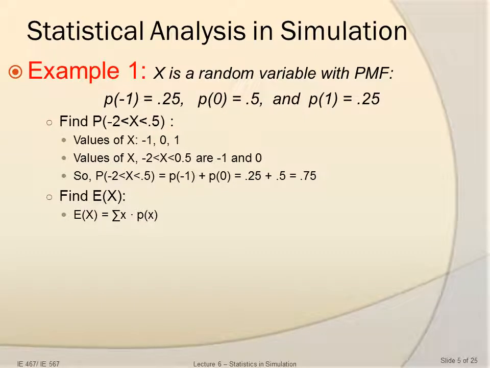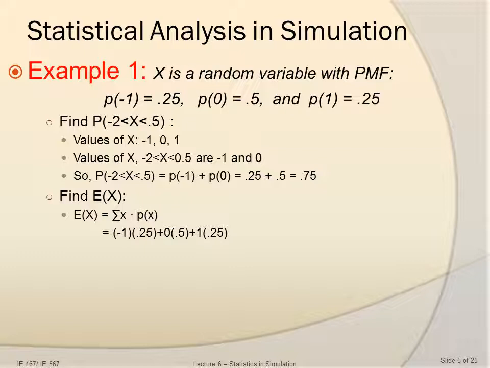So now we can also find the expectation of x. We will use this formula where we sum up the products of the value of x multiplied by the corresponding probability. Together we have three different values. So we multiply -1 by its probability 0.25, we multiply 0 by its probability 0.5, and we multiply 1 by its probability 0.25.